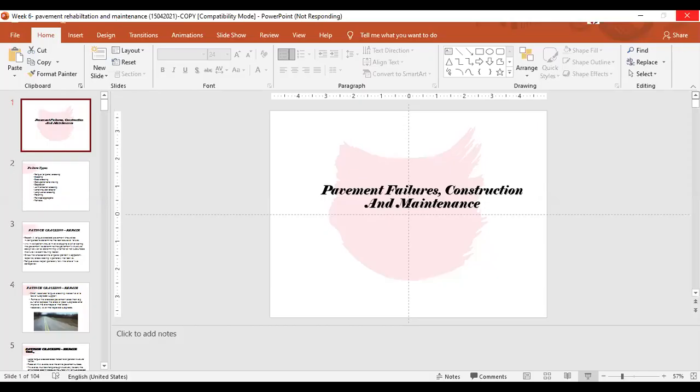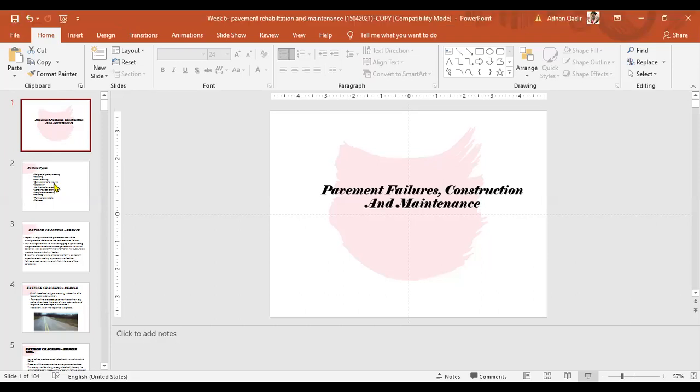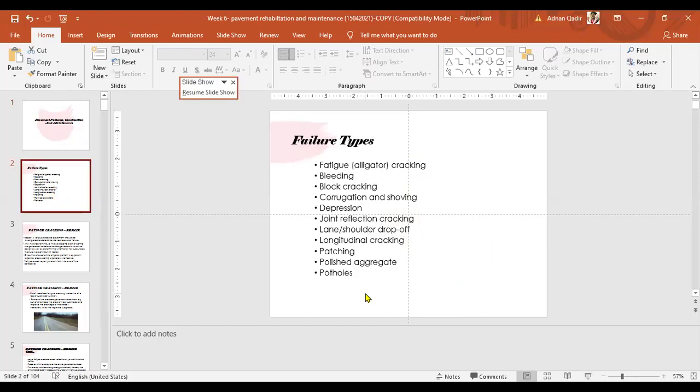Today we'll discuss pavement failures, construction and maintenance. In the previous lecture, we already know what the main types of failures are.